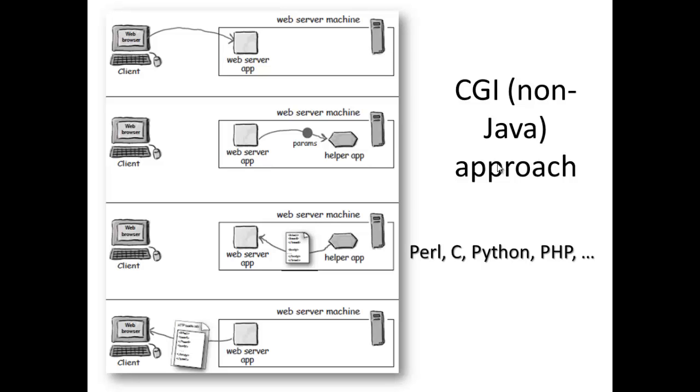This helper application might not be running at that time. So multi-threading is an issue, and managing this multi-threading is also an issue. So somehow you create a thread if this application is not up. You create a thread, you fire it up, it works, and then gives back, and so on.